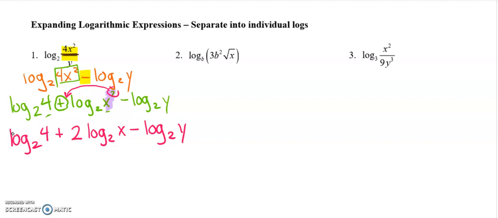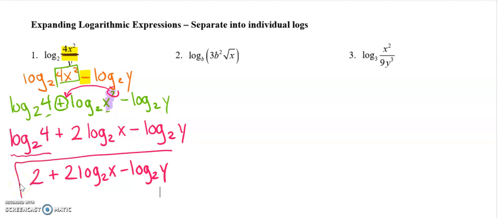Now, in this particular one, because of the way the numbers worked, log base 2 of 4, what is that? 2 to what power is 4? That's actually just 2. So we could go ahead and simplify that at the same time. And now we have the expanded form of our logs. We have the log of x by itself, and we have the log of y by itself.